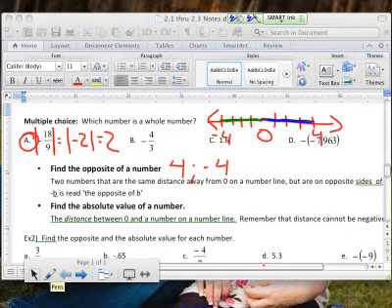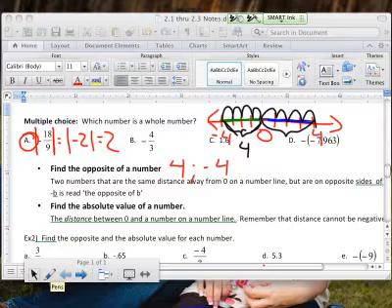Okay, and then the absolute value of a number is the distance between 0 and that number on a number line. So for instance, if you look back at my number line here, the distance from 0 to -4 is just going to be 4 units, right? 1, 2, 3, 4. The distance from 0 to +4 is 1, 2, 3, 4 more.